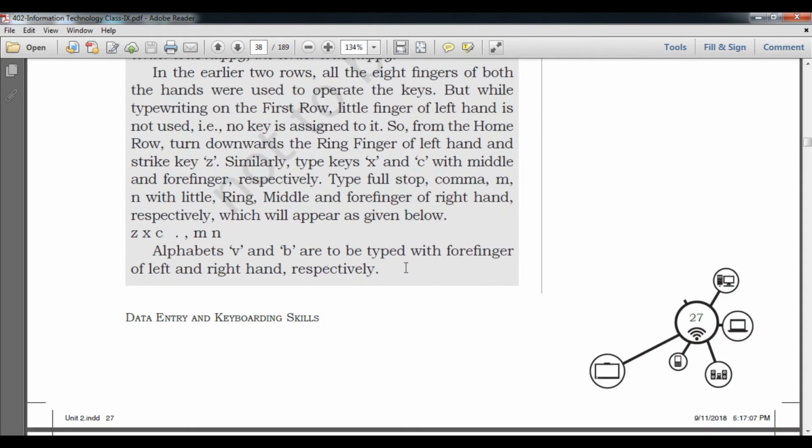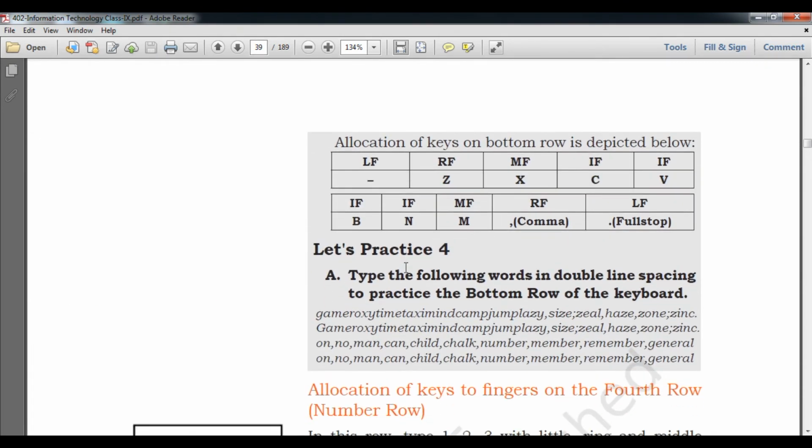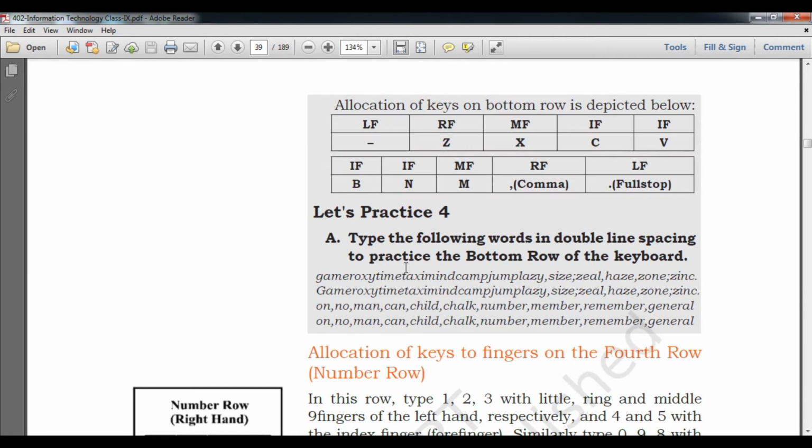And now you will understand how to do practice number 4. What is the thing? Here you can see the little finger, ring finger, middle finger, index finger.